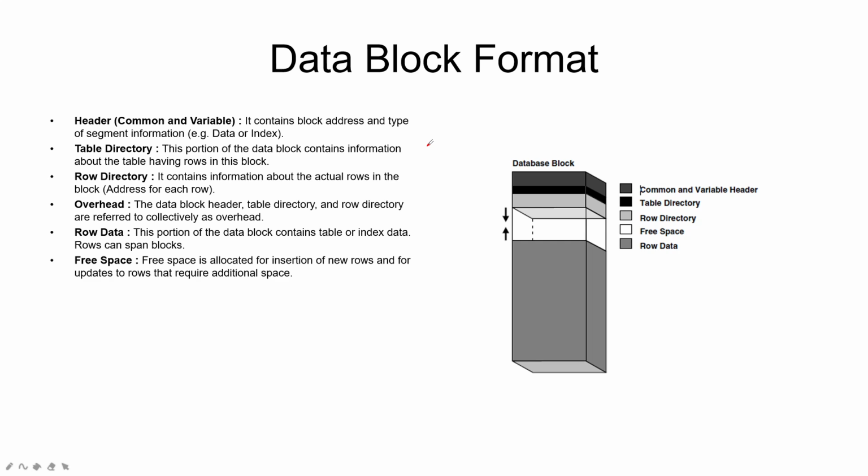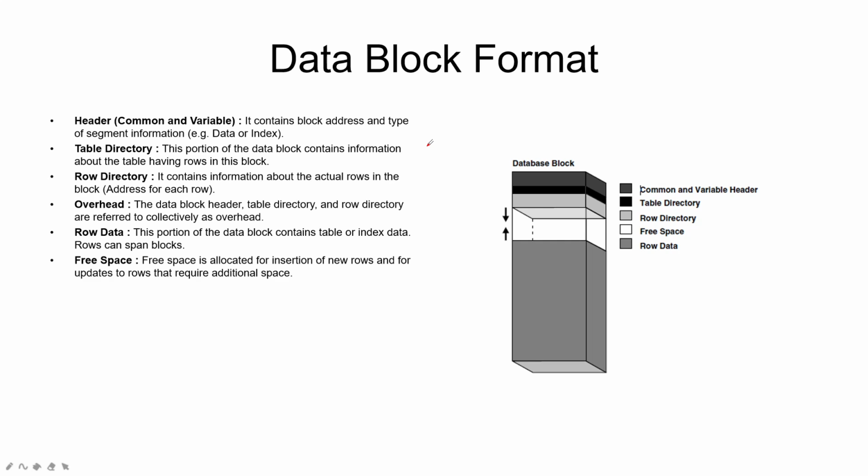The next slide shows the data block format. Now, the Oracle data block format is similar regardless of whether it stores table, index, or clustered data. The data block is divided into the header, the table directory, the row directory, overhead, row data, and free space.